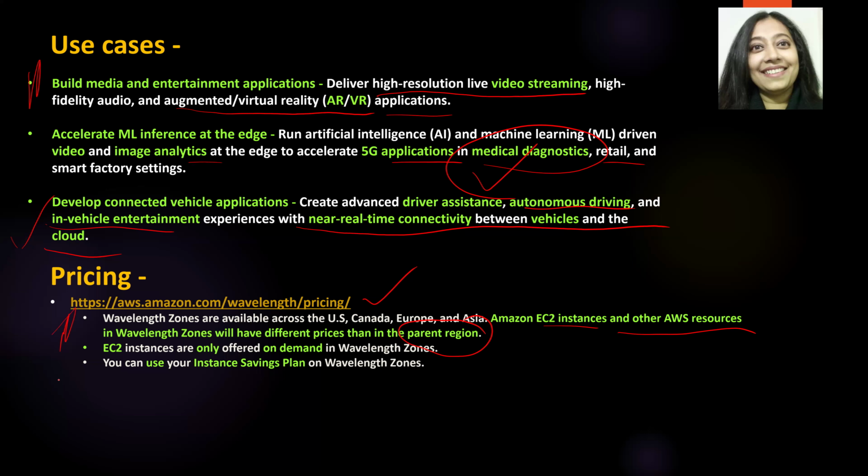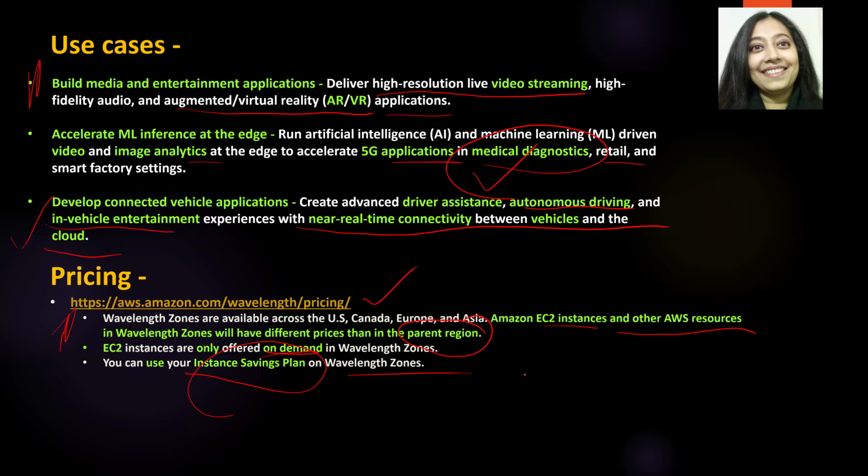The second thing is that EC2 instances are only offered on demand in wavelength zones. And the third thing is that you can still use your instance savings plan with your wavelength zones. So if you are interested in this service, do try it out, play around with it. You can request the pricing.